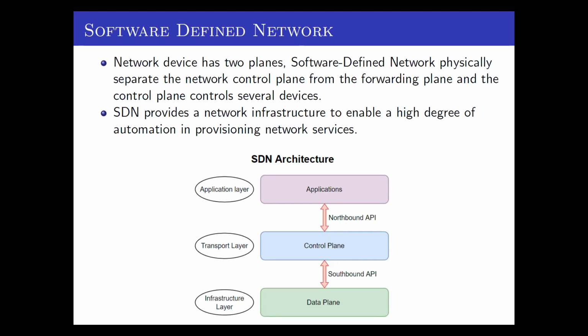This controller-level implementation will help us monitor the whole network, through signature-based or anomaly-based detection. This will help an organization protect their network. This SDN network provides a network infrastructure that enables a high degree of automation in provisioning network services.